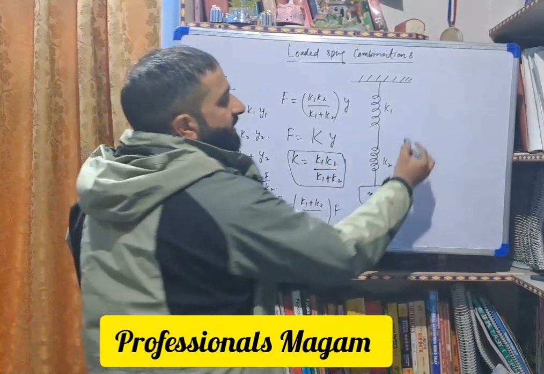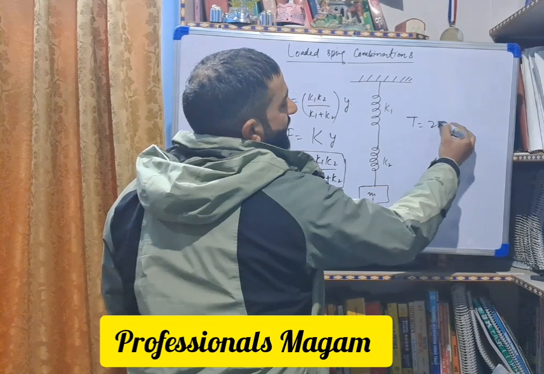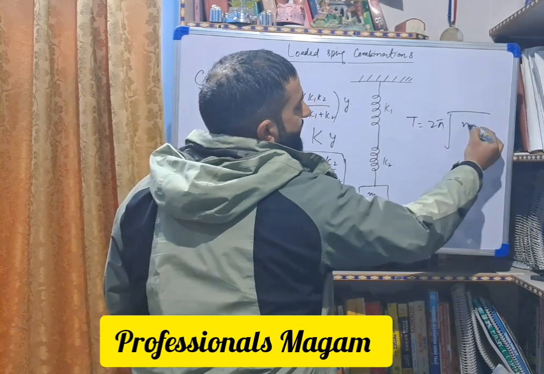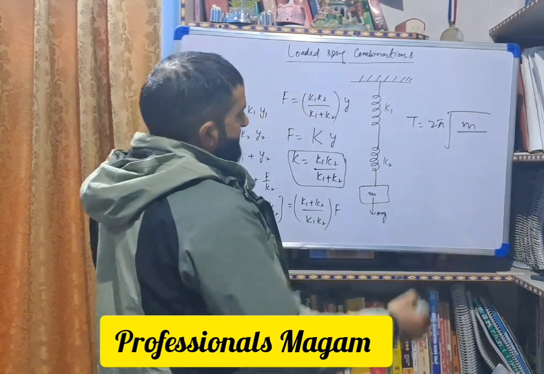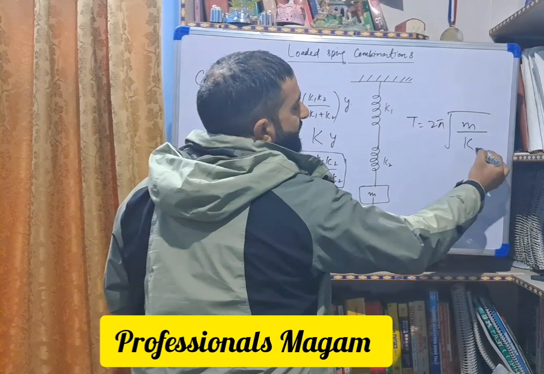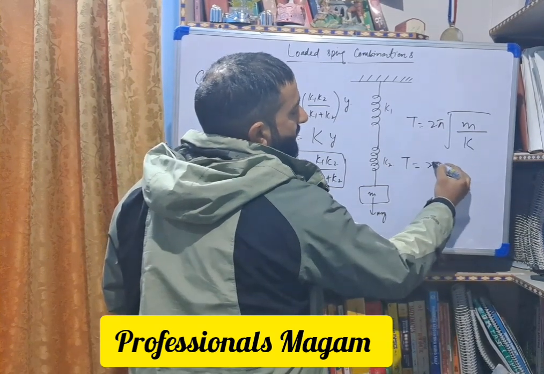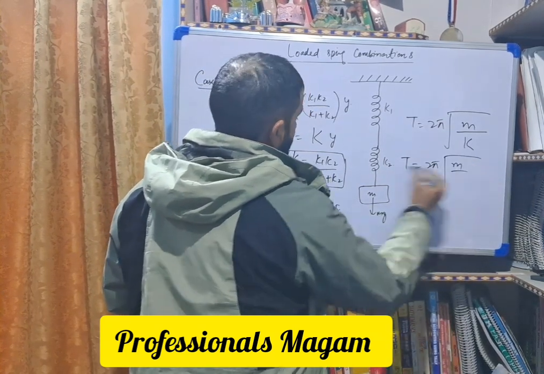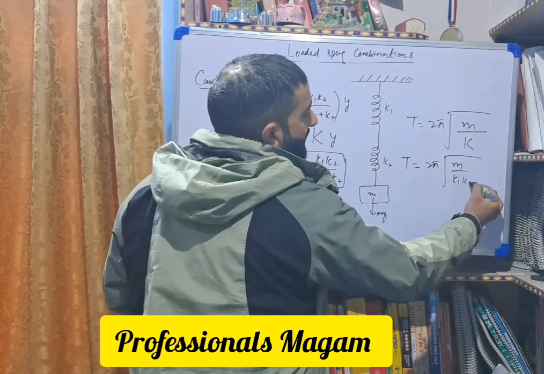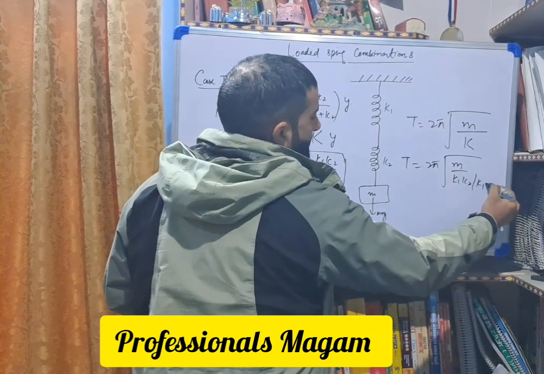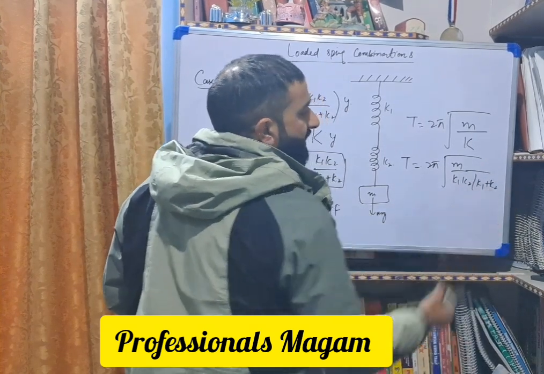Going for the time period, T is equal to 2 pi root of inertia factor, that is mass M, and spring factor, that is capital K. So T is equal to 2 pi root of M by K1K2 divided by (K1 plus K2).